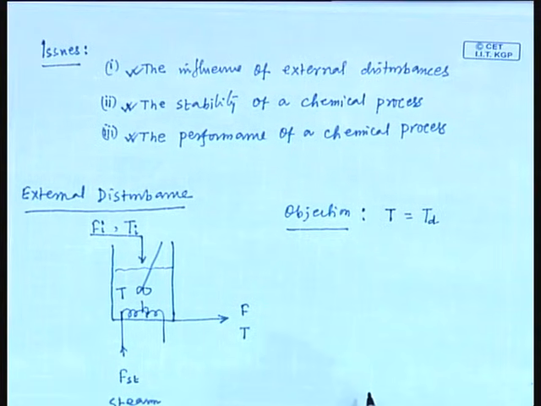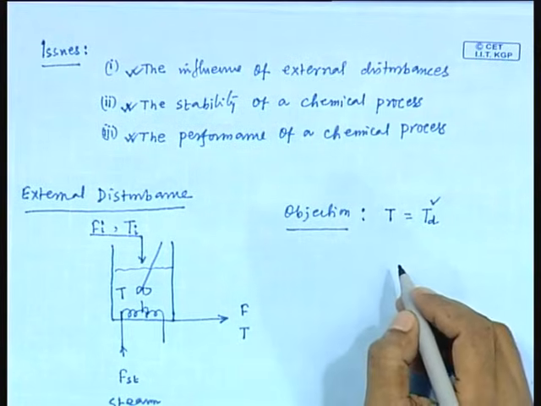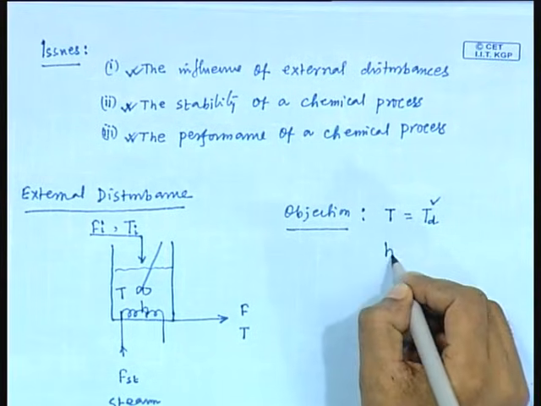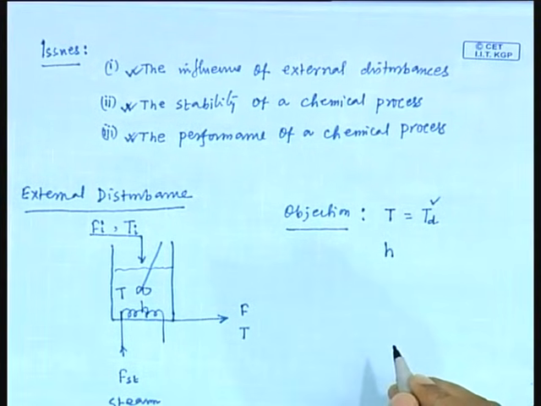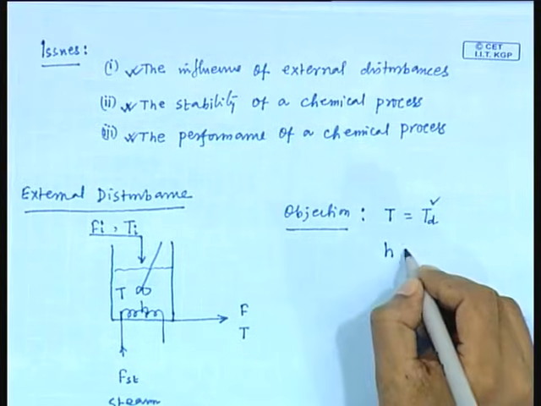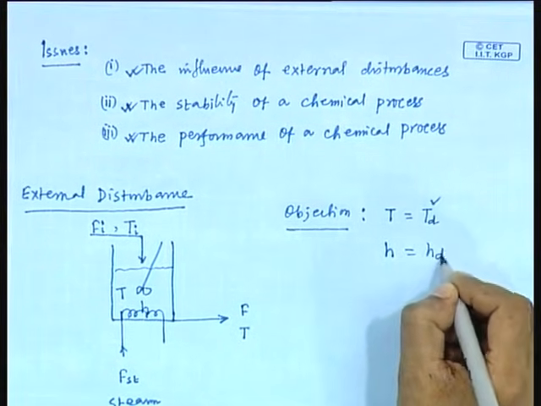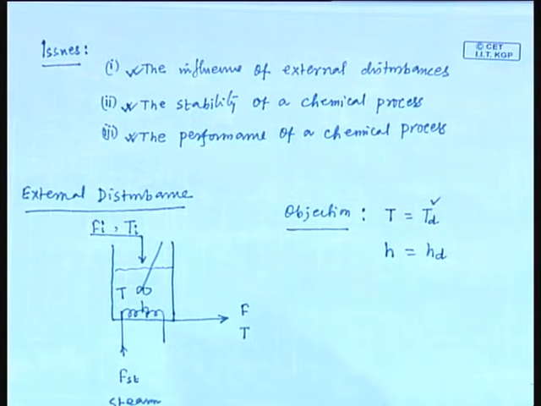The temperature of the liquid should be maintained at its desired temperature, that is Td. Similarly, the second objective of this process is we need to maintain the height of liquid in the tank at its desired value, that is H suffix D. Fine. So these are the two objectives.